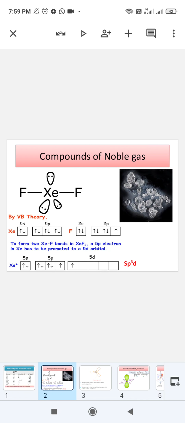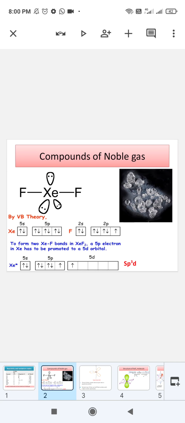In order to form the 2 sigma bonds with xenon, one of the electrons in the p orbital of xenon is excited into the d orbital, and the s orbital, 3 p orbitals and 1 d orbital undergo hybridization to form the 5 sp3d orbitals, and 3 of them contain lone pairs of electrons. The remaining 2 half-filled hybridized orbitals combine with the atomic orbitals of fluorine to form XeF2.